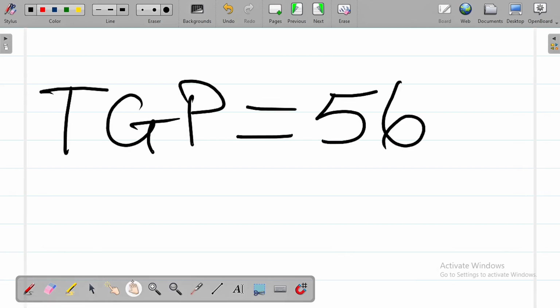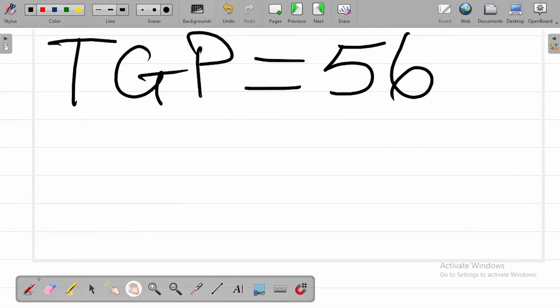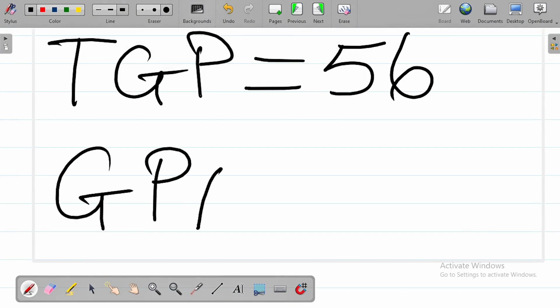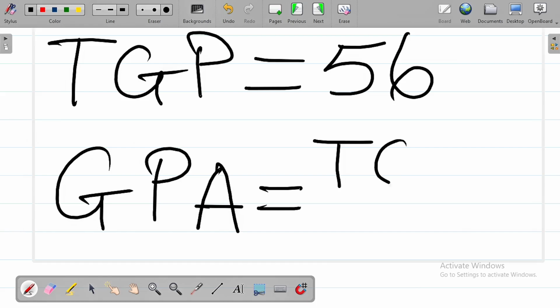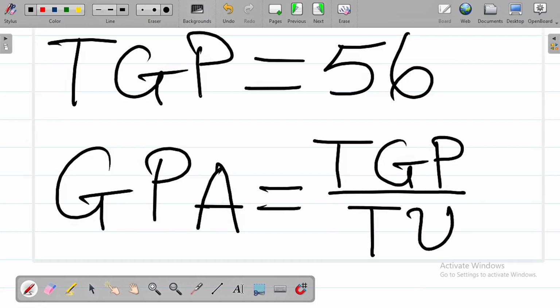All right, our next task is to get the GPA. Remember, GPA is equal to total grade points all over total unit. So GPA is equal to total grade points, TGP, all over total unit, TU.